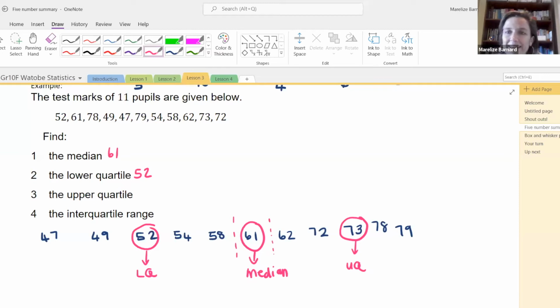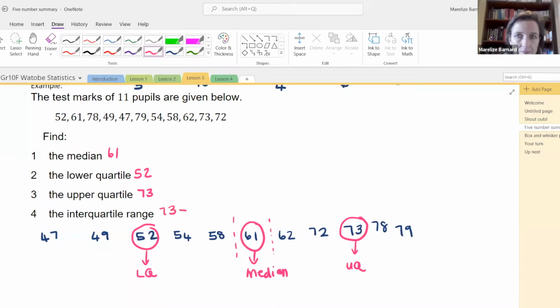Hi, Mokoko Bale. You can ask your question. Mokoko Bale, you have your hand up. You can unmute and ask. Everyone else, you can pop your answer in for the interquartile range.